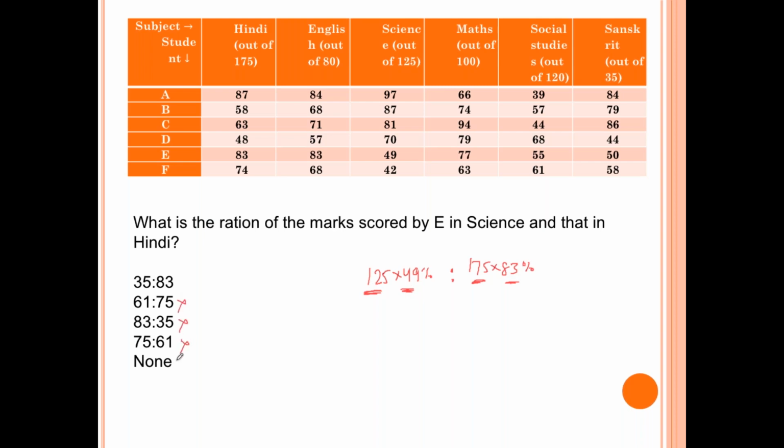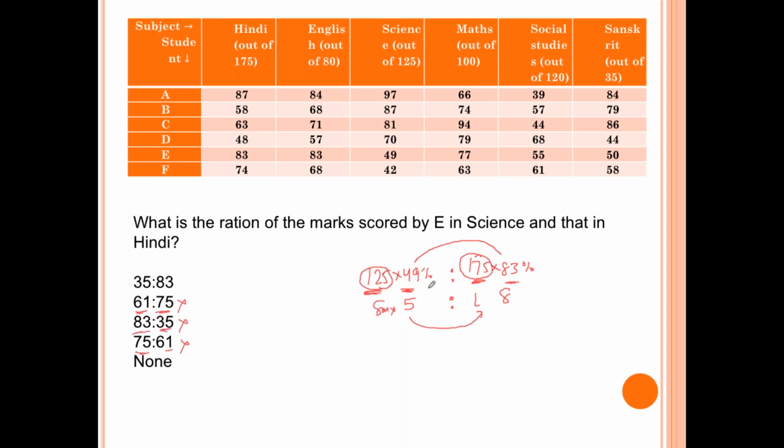Why? Because by percentage I am in ratio 5 to 8, approximately, and still this is your 125, this is your 175. It's a smaller number here and a larger number there, so the ratio will further worsen. It should be at least double or triple that value. So these are not the answers which are very close to this, right?